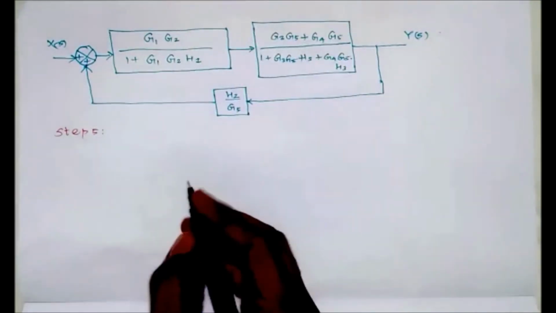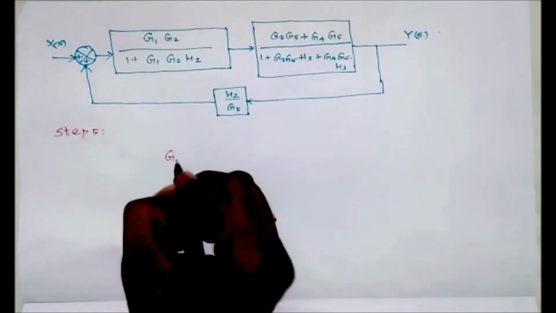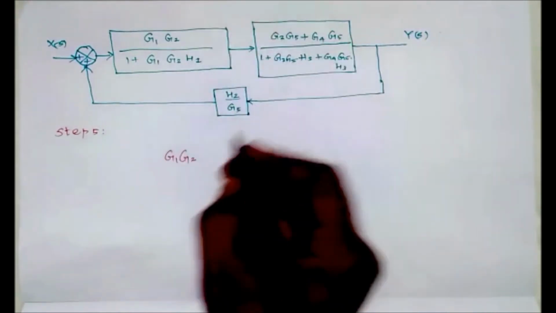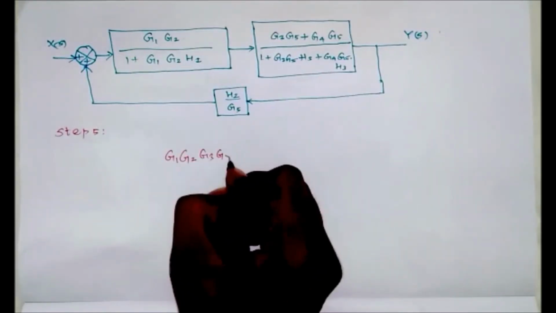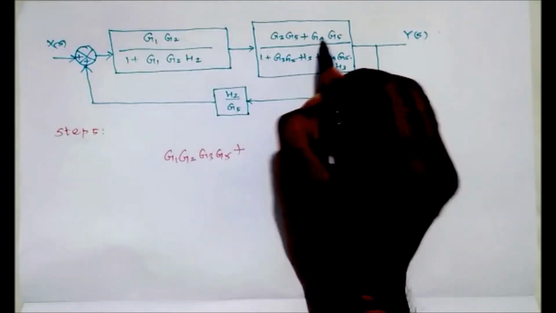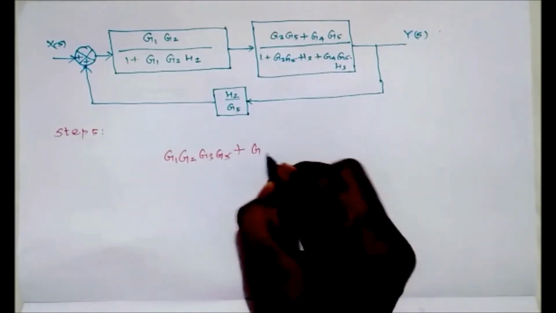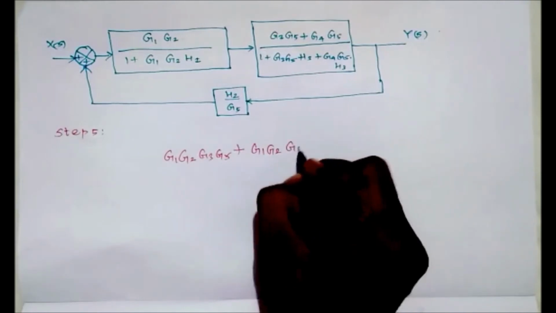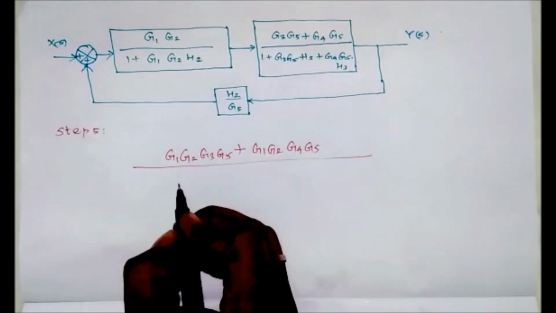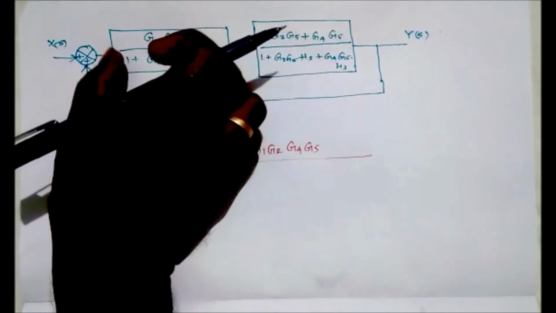Suppose we multiply these two blocks, we will get G1, G2 into G3, G5 plus G1, G2 into G4, G5. This is the numerator. In the denominator, we have to multiply this with this.